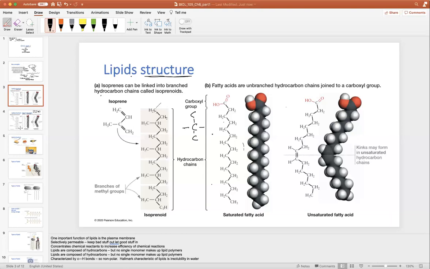And when you see that H2, like this right here, just understand that that really is shorthand for a hydrogen bonded to either side, okay? So lots of carbons, lots of hydrogens, okay? So in general, we say that lipids are hydrocarbons because that's literally the majority of what they're made of.